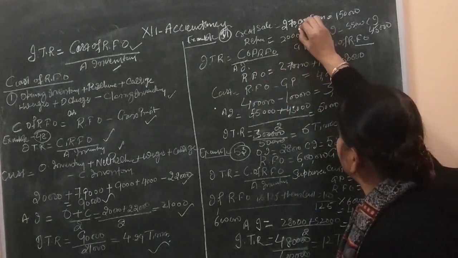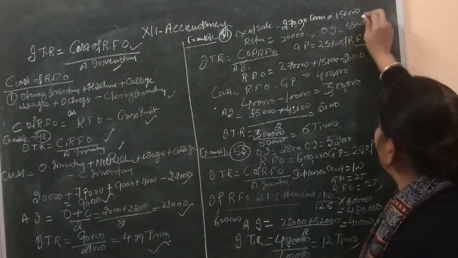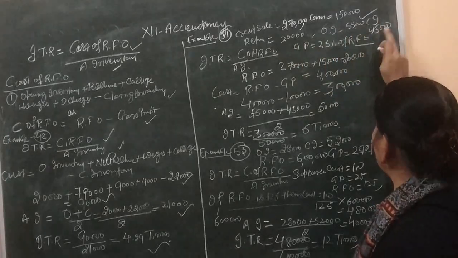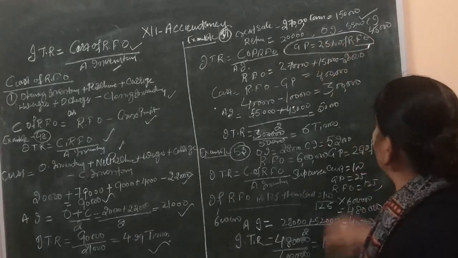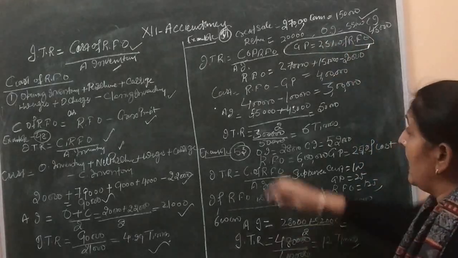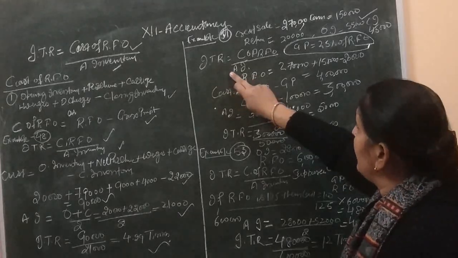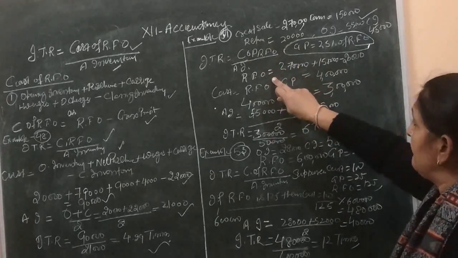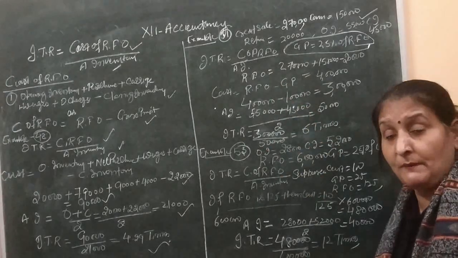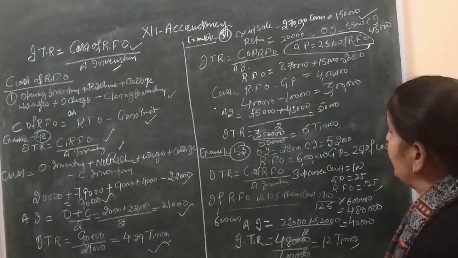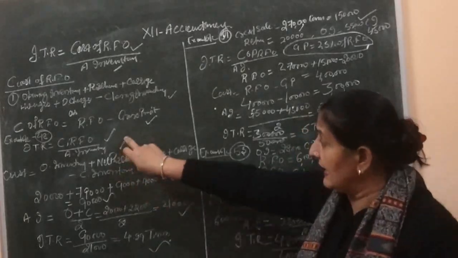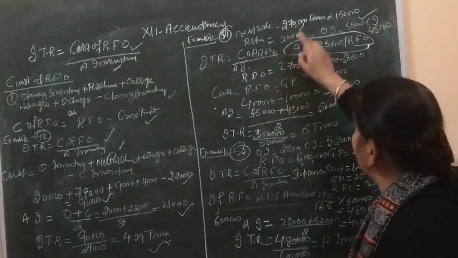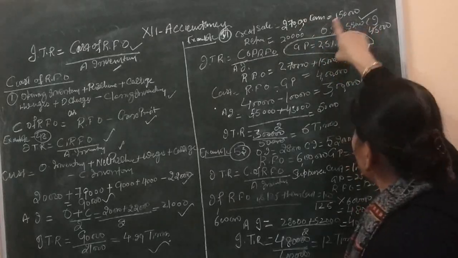In this example, the information given is credit sale, cash sale, return, opening inventory and closing inventory, and the gross profit is 25% of revenue from operation. We have to find out the inventory turnover ratio, which is cost of revenue from operation divided by average inventory. So what do we have to find first? Cost of revenue from operation. Here direct expenses are not given, so we will apply the second method: revenue from operation minus gross profit. Revenue from operation is credit sale plus cash sale minus return.